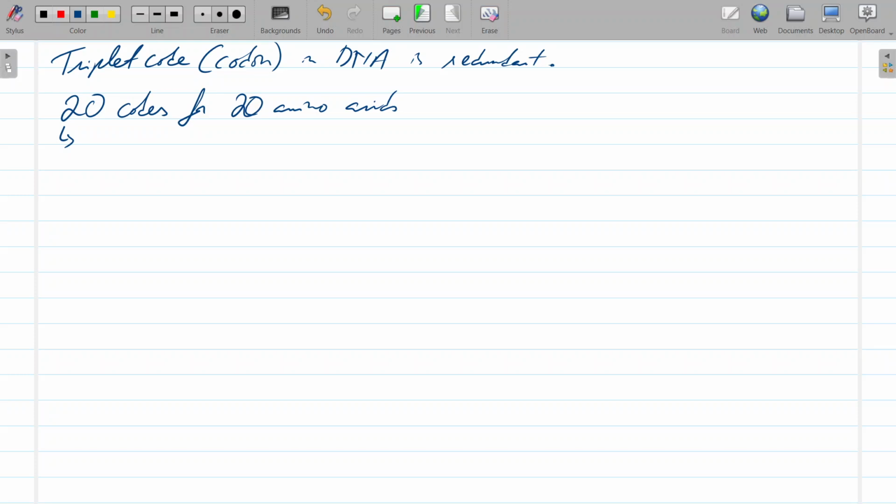So if you take a look at the nucleotide bases, you have AAT and AAC and GAA and GAG, GAT and GAC.